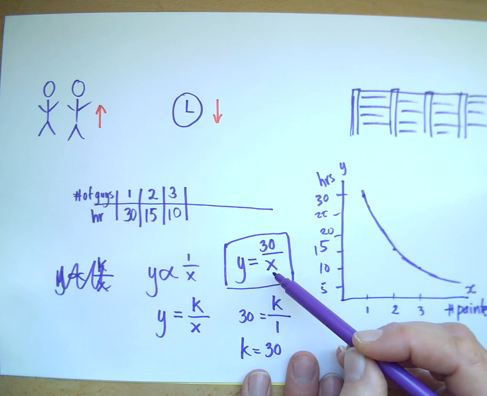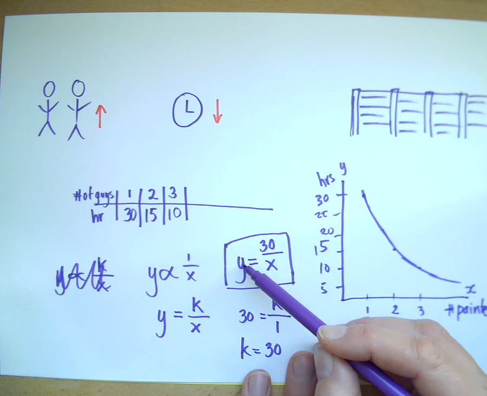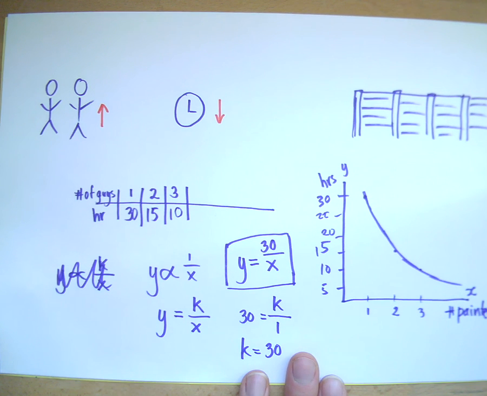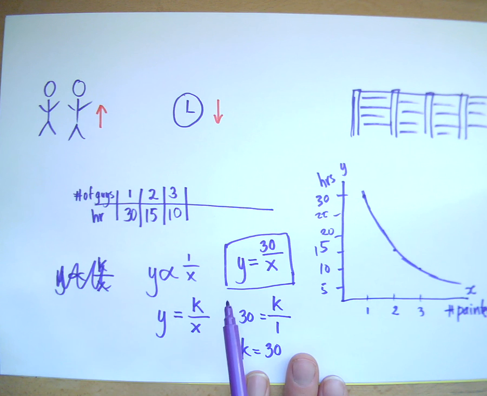We can plug in any number of painters for x to find how long it would take them. Or we could plug in a number of hours that we have and calculate how many painters we would need to be done in that time. So, pretty cool. I think this is the only example I'm going to do.